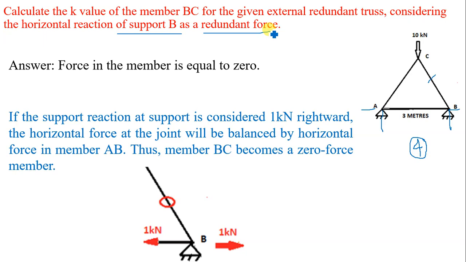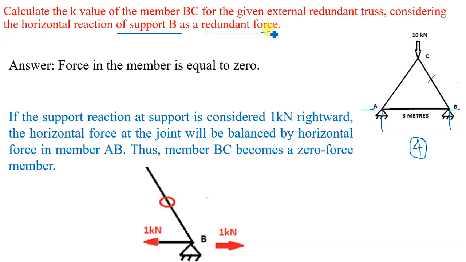If the truss is externally redundant, then we have to select the redundant force, replace that redundant force by a unit load at and corresponding to that redundant, and then analyze the truss. Of course, during that we remove the external loads, and this is called K analysis. So during K analysis we apply a unit load at and corresponding to the redundant.